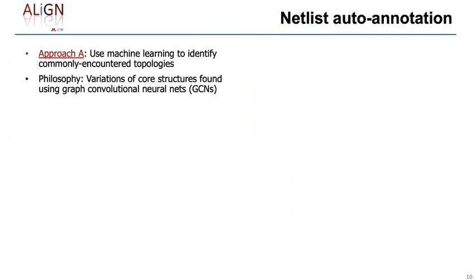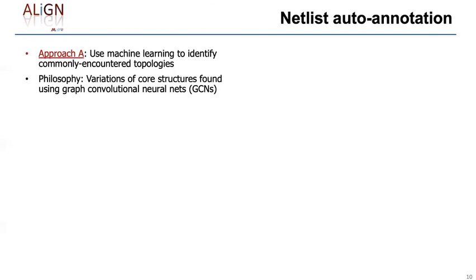We'll start with each specific block for Align, beginning with netlist auto annotation. Recall that the unannotated netlist has to be recognized, and we have to figure out what the blocks and symmetries in the netlist are. We use 2 approaches here. The first approach is machine learning based, and it applies to commonly encountered topologies such as operational transconductance amplifiers, or OTAs.